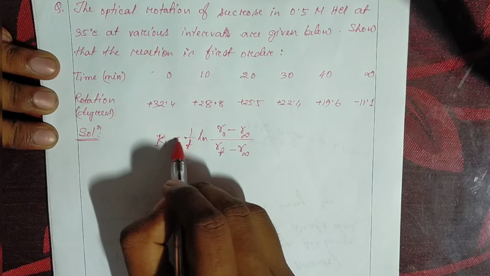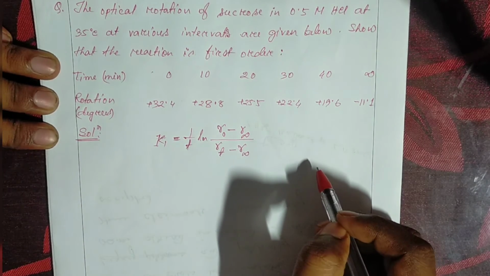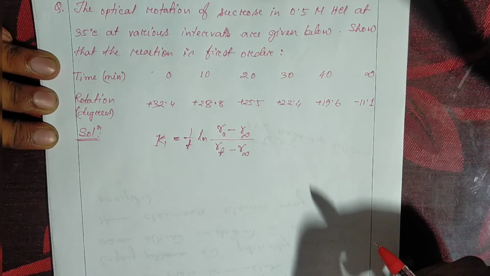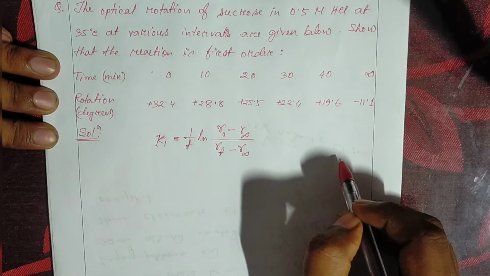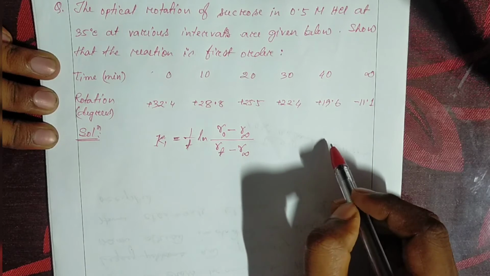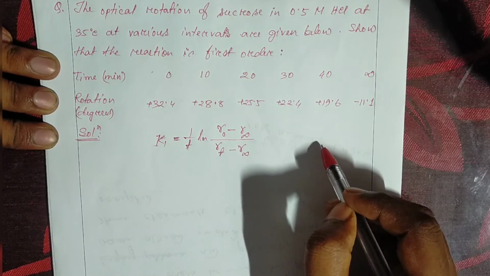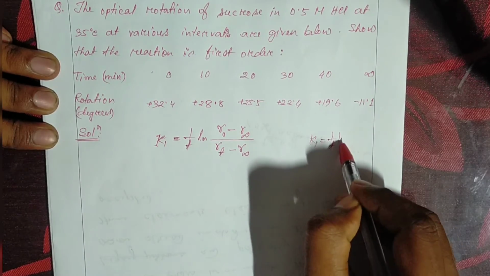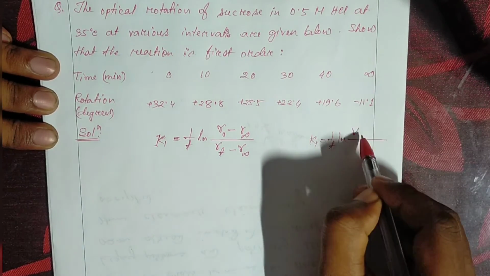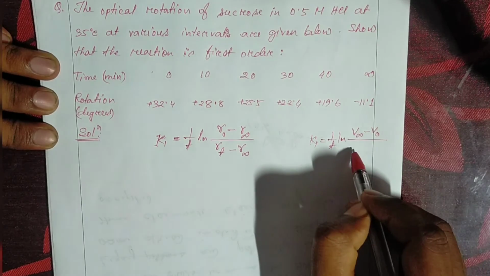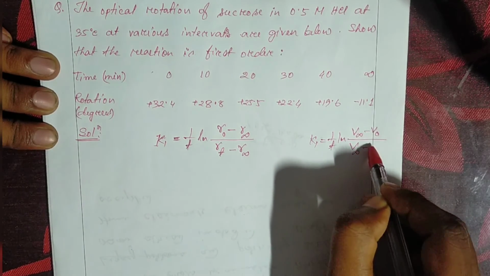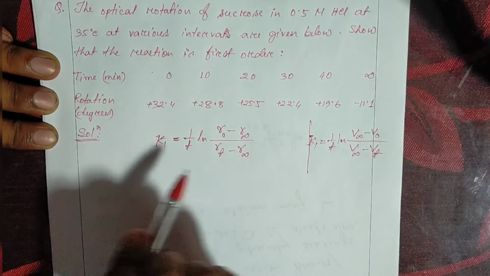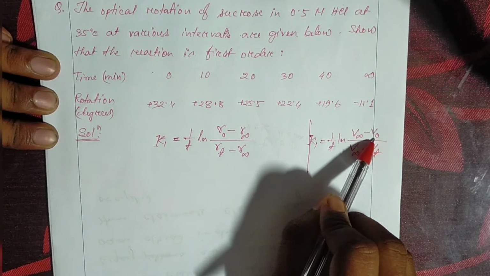To memorize this equation easily, you have to think about the earlier equation from the previous question. It was k1 = (1/t) ln[(V∞ - V0)/(V∞ - Vt)]. The difference is that it is just inverted.